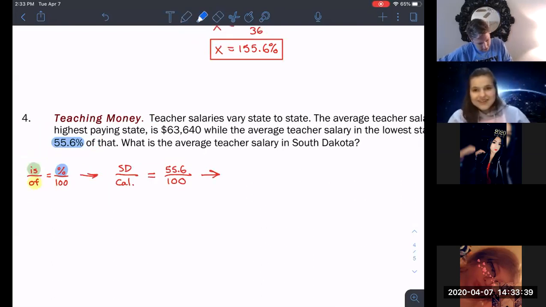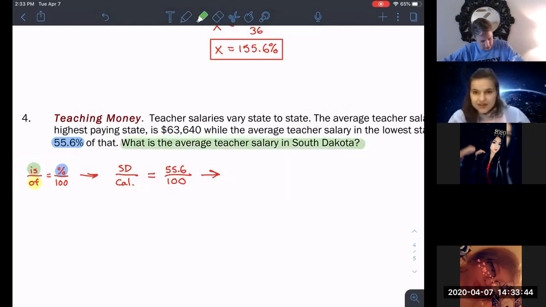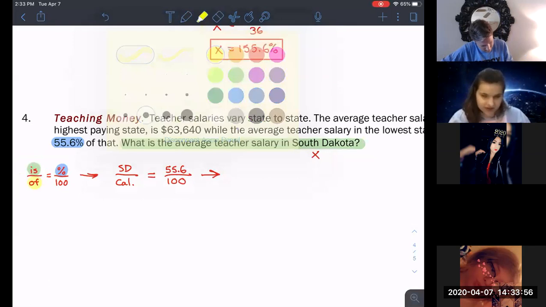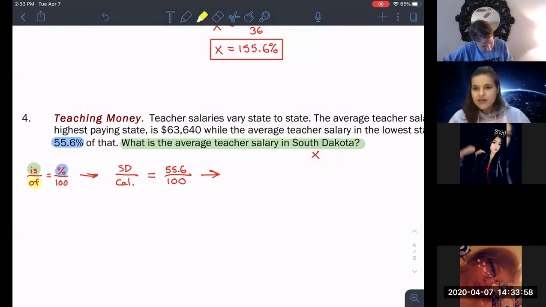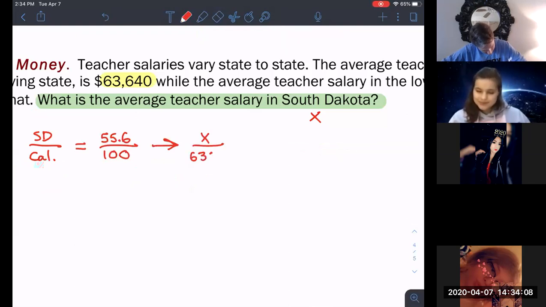If South Dakota is the part, then X is where we're going to put the South Dakota salary. And then the of number, what's the total, what's the California salary? 63,640. Exactly. So it's X over 63,640 equals 55.6 over 100.